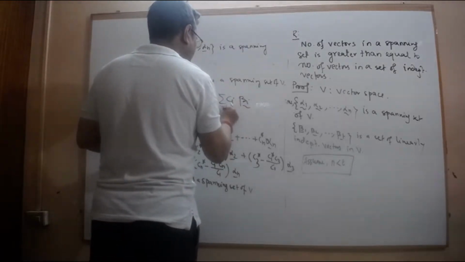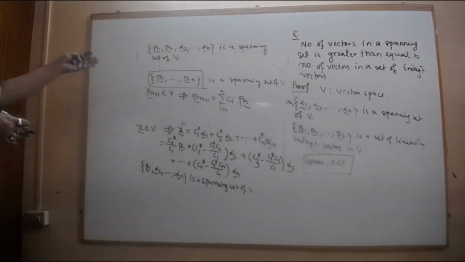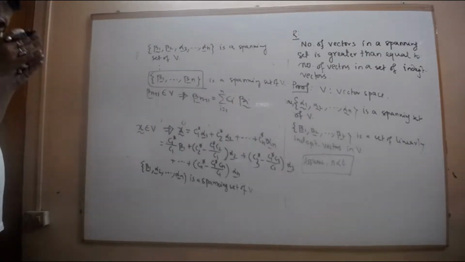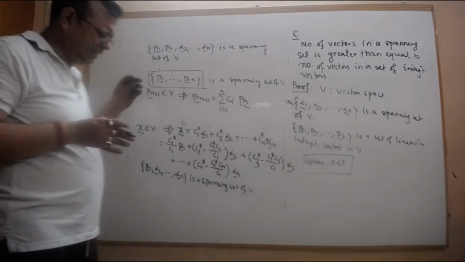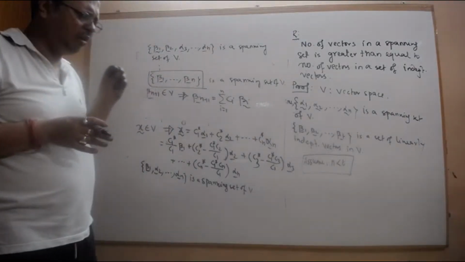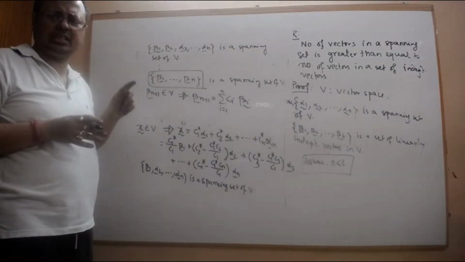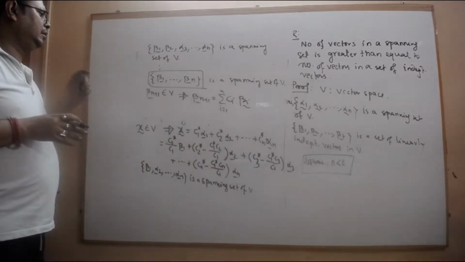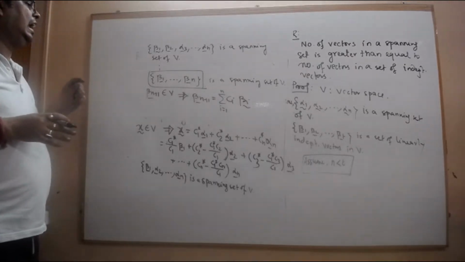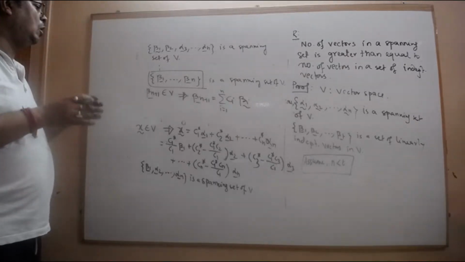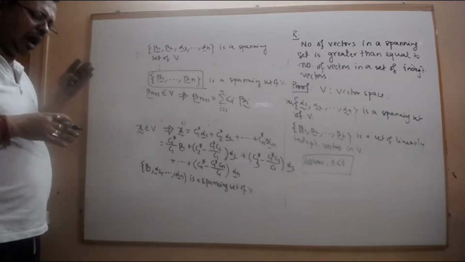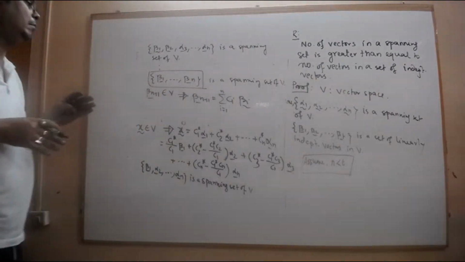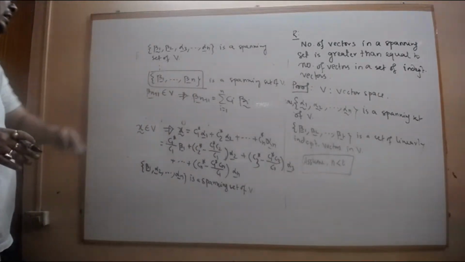So using the previous theorem, just before this, the theorem tells you alpha 1 to alpha n is a set of dependent vectors if and only if there exists k, which lies between 2 to n, such that alpha k can be written as a linear combination of the previous vectors alpha 1 to alpha k minus 1. And here we see that this thing is happening.